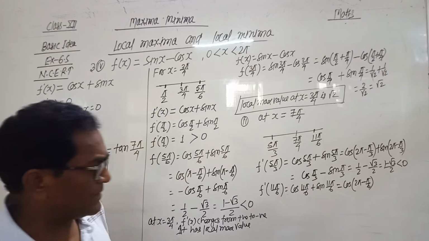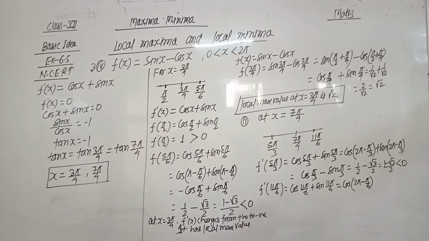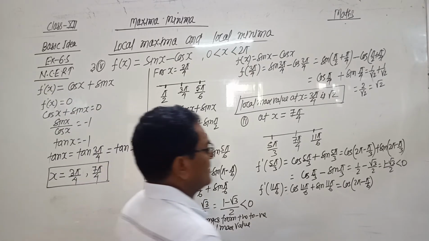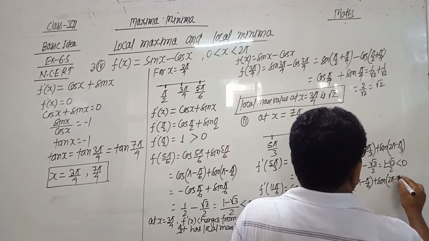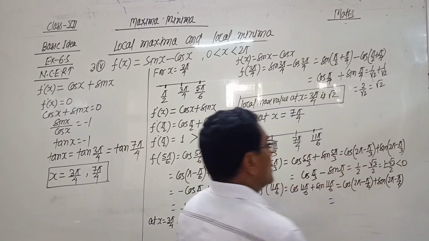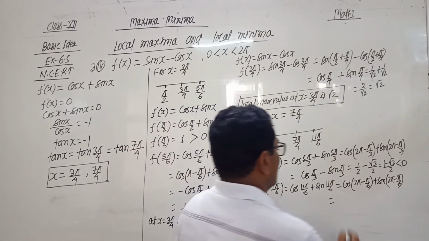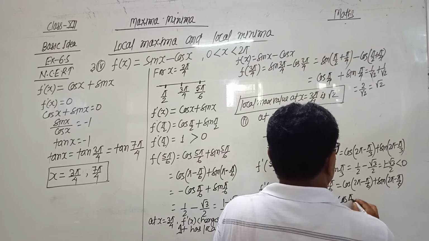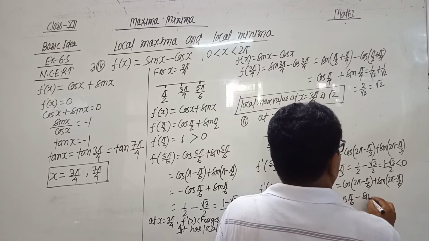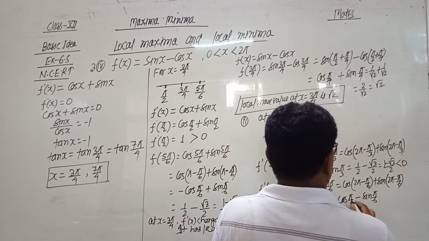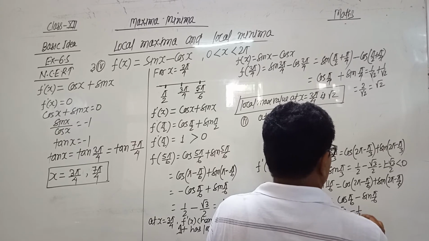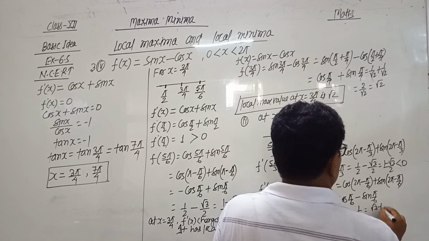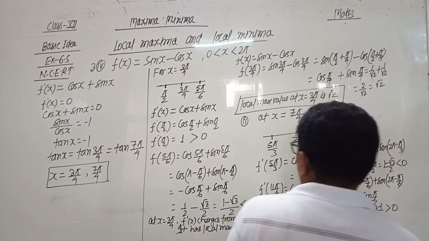Cos 11 pi by 6 is written as cos 2 pi minus pi by 6, and sin 11 pi by 6 is also written as sin of 2 pi minus pi by 6. Now cos 2 pi minus pi by 6 gives cos pi by 6, and this gives minus sin pi by 6. The value of cos 30 degree is root 3 by 2, and this is minus 1 by 2. So it comes root 3 minus 1 by 2, which is greater than 0.